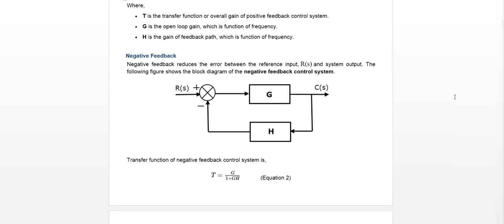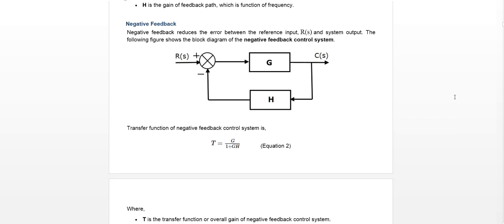Negative feedback reduces the error between the reference input R(s) and the system output. The following figure shows the block diagram of the negative feedback control system. You can see here the entering signal is negative, so it's negative feedback.